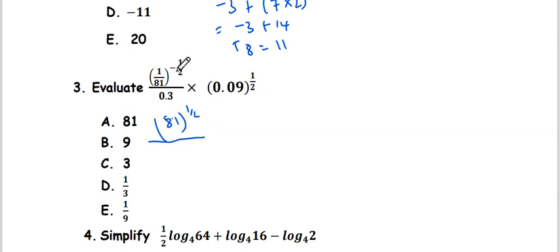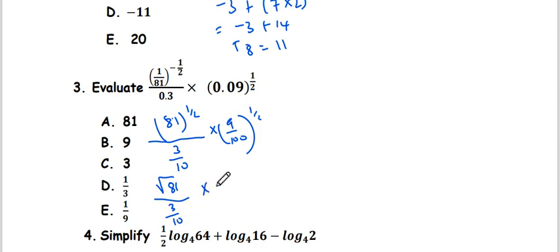This 0.3 is the same as 3 divided by 10, multiplied by 0.09, which is the same as 9 over 100 if you convert it to fraction, raised to power half. So the 81 raised to power half is the square root of 81 according to the laws of indices, divided by 3 over 10 multiplied by the square root of 9 over 100.